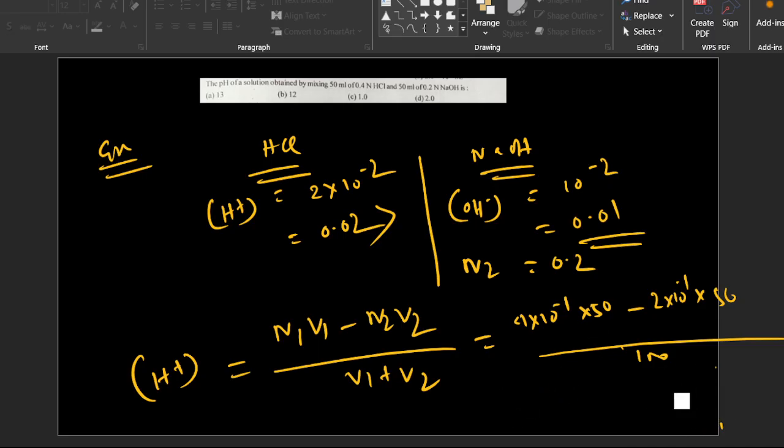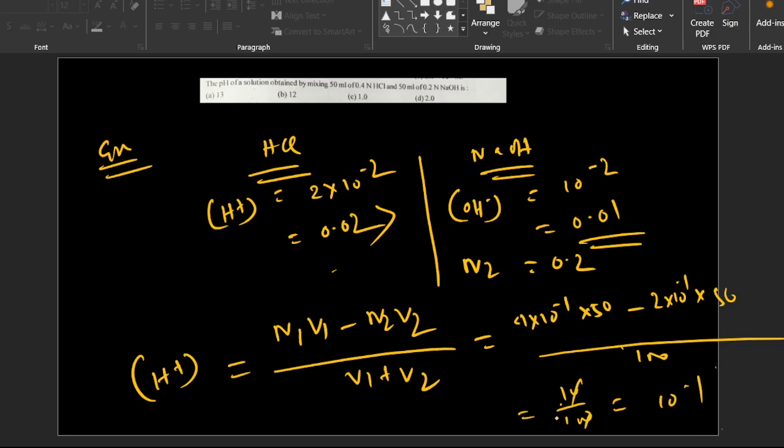I think I went wrong here. This value is more, so I write 4 into 10 raised to minus 1 into 50, and this value has to be positive, right? This is 20 minus 10 over 100, so this is 10 by 100, which means 10 raised to minus 1.